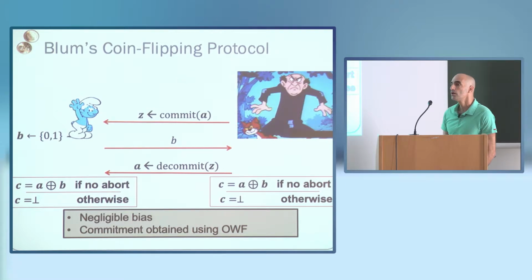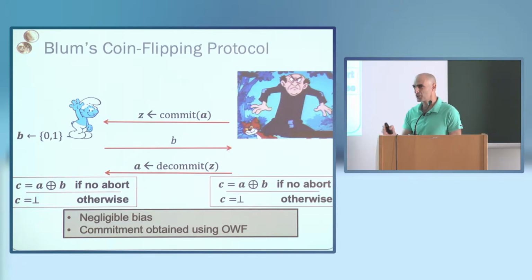Sorry? She can abort if she can see zero, so that will be either one or both. No, thank you very much for the question. This is the difference between the coin flipping protocols that I consider here and the ones that Nikos talked about, which are fair coin flipping protocols.